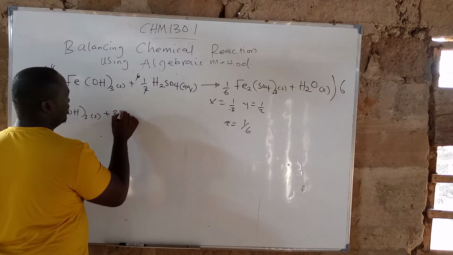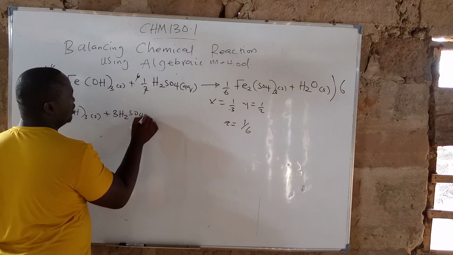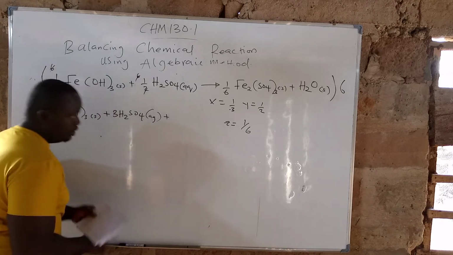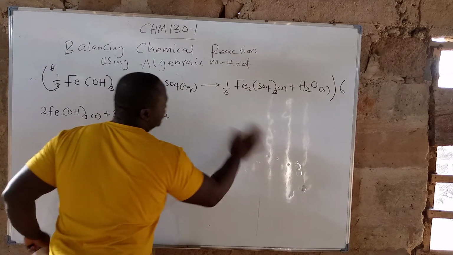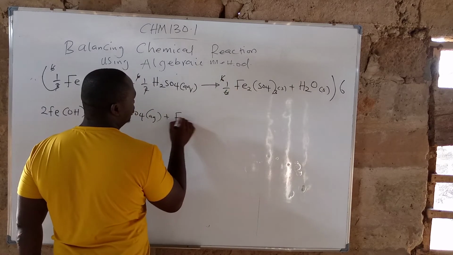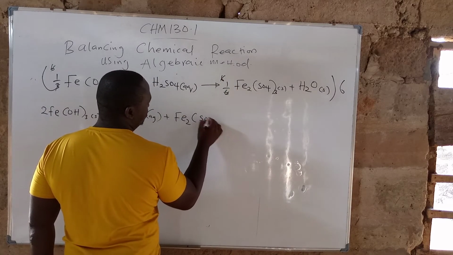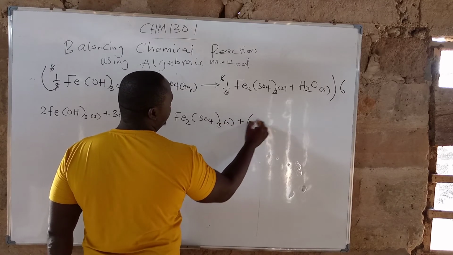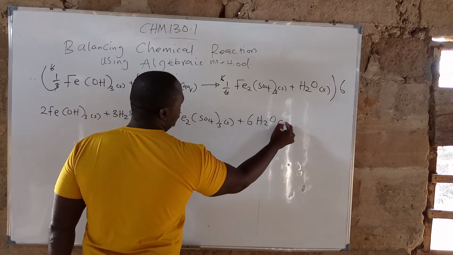So this is 3H2SO4, aqueous, plus, if 6 comes to this place, 6 will cancel 6, right? So you are left with Fe2(SO4)3, solid, and that will give you 6H2O.